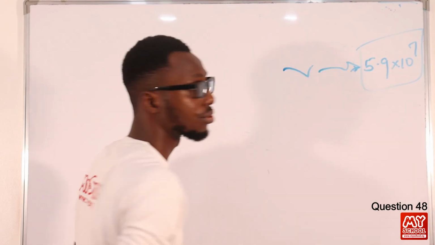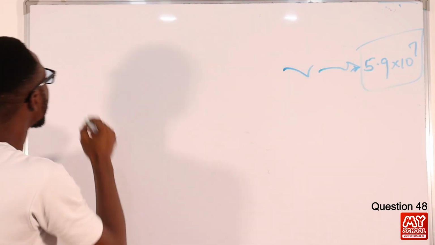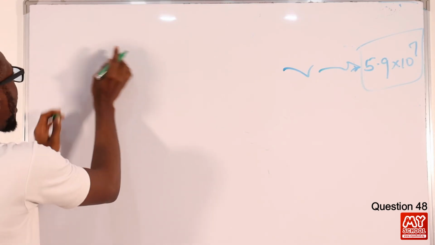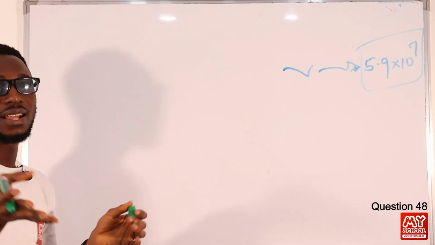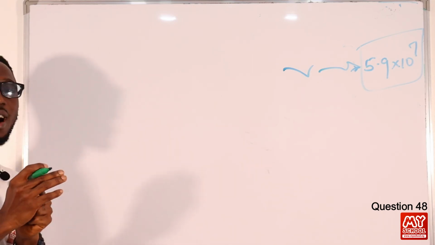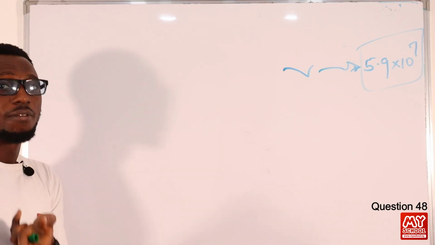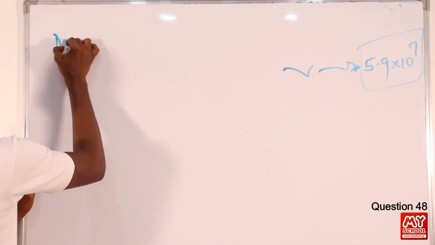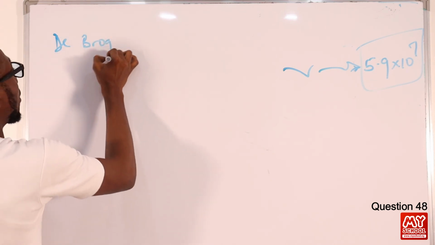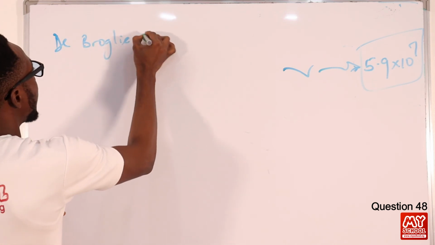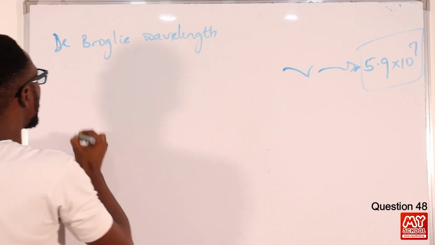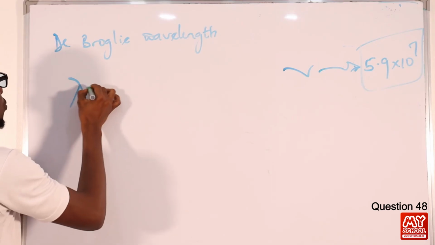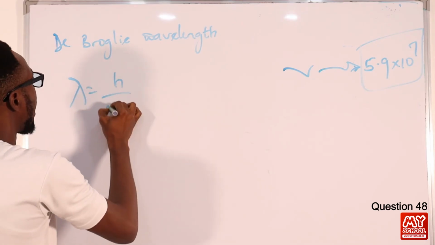This is our V. So recall that the relation between Planck's constant, V, and mass can be gotten using the de Broglie wavelength. This is what I mean, de Broglie, if you pronounce it that way, wavelength. I'm just trying to pin out this relationship, so we have it this way, equals H over mv.